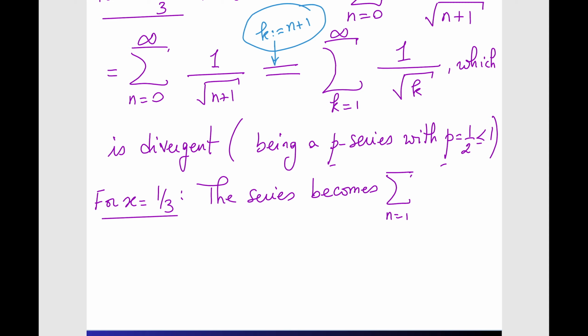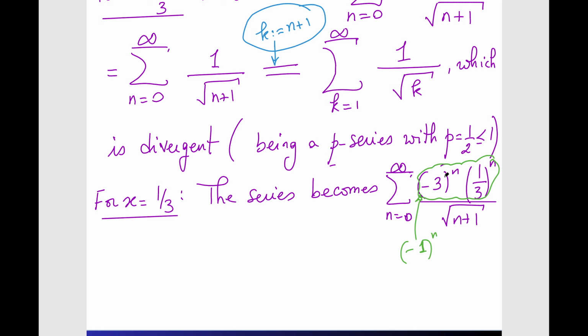So n starts at 0 to infinity, minus 3 to power n, 1/3 to power n, divided by square root of n plus 1. And now if you simplify, upstairs is simply minus 1 to power n, because the 3 to power n and the 3 to power n cancel each other, so the leftover is just minus 1 to power n. So we get this.